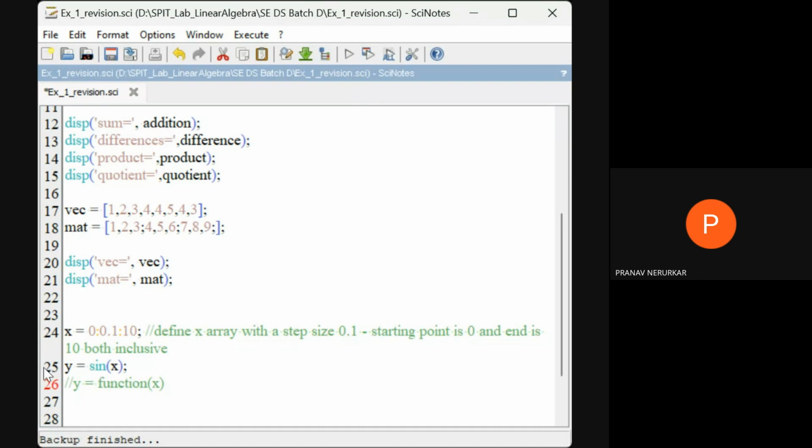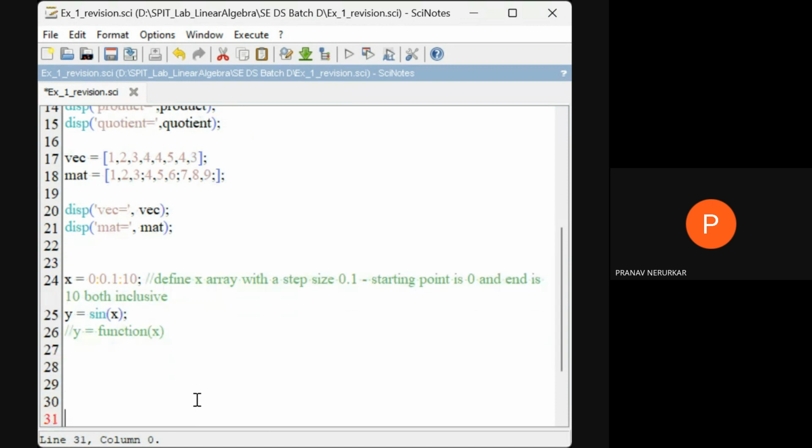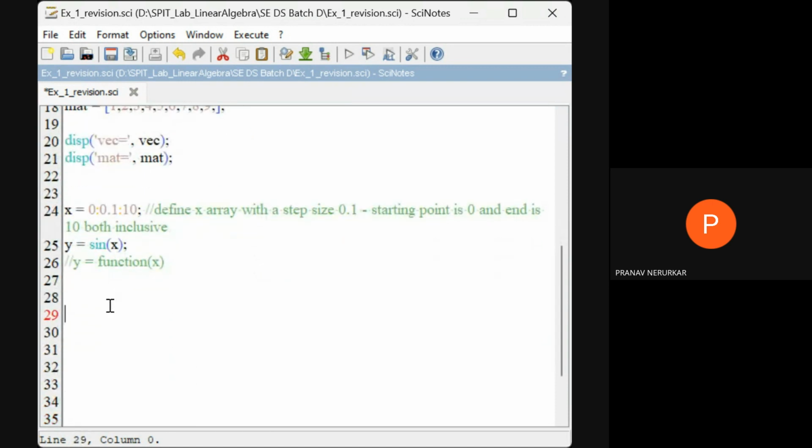Then you can take this and plot x and y. In this case, the plot function requires what should be on the x-axis and on the y-axis. Along with that, xlabel is there, where you can pass a string.